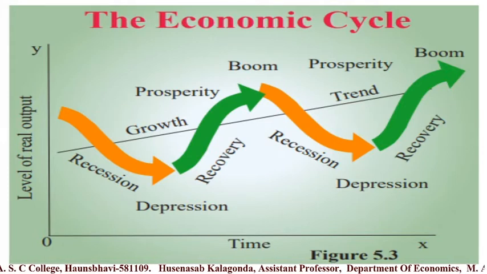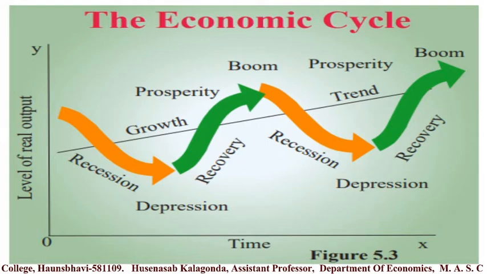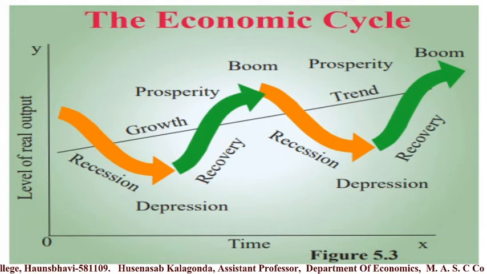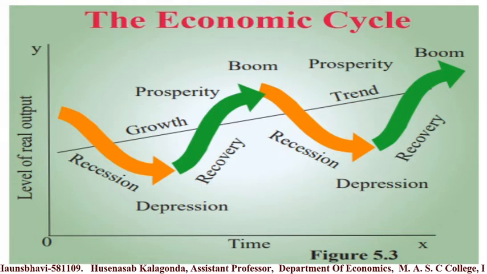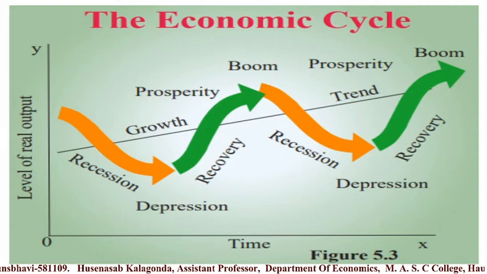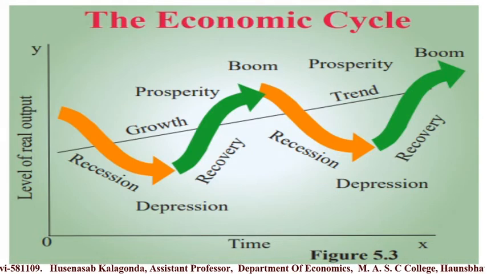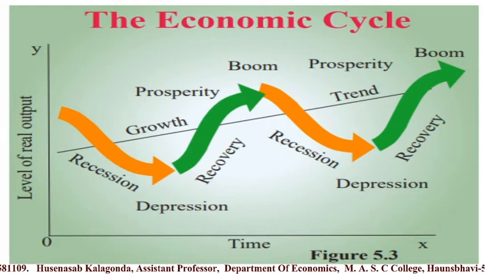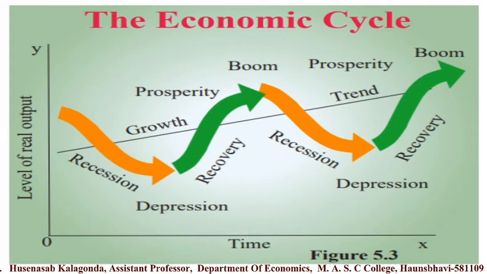Depression, it may be noted, occurs when there is a severe contraction or recession of economic activities. The depression of 1929 to 33 is still remembered because of its great intensity, which caused a lot of human suffering.